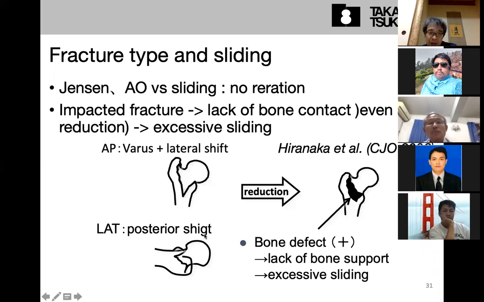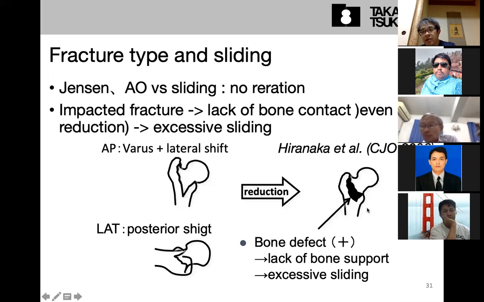Posterior shift means the proximal fragment is impacted into the distal fragment. Even after the reduction, there are two big bone defects.